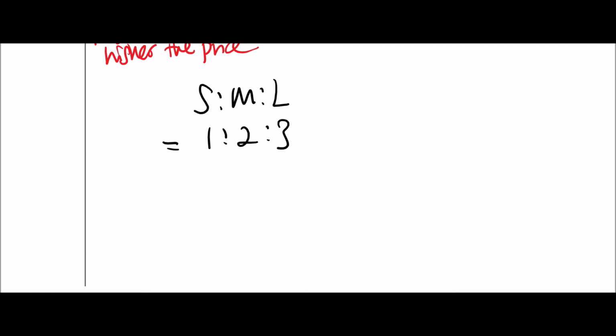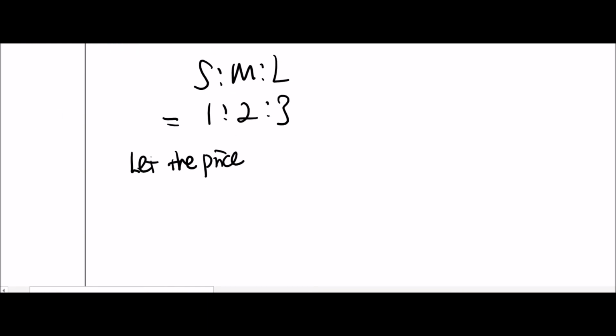So in this case, we can think in terms of units. We can think in terms of algebra as well. Let me try to think in terms of units. I'm doing a bit of a combination of algebra and units idea here. Actually, they are the same. Let the price of the small cake be 1 unit.